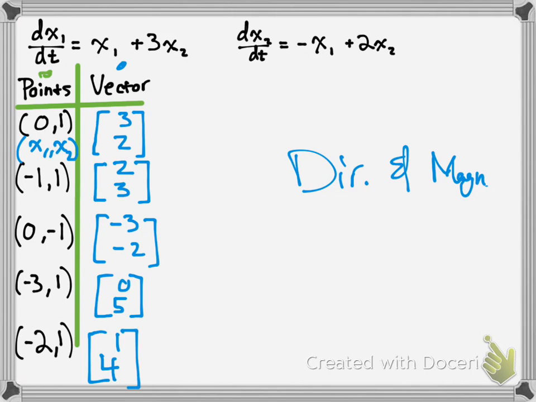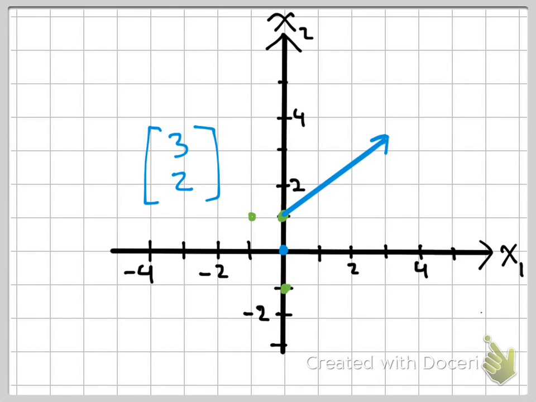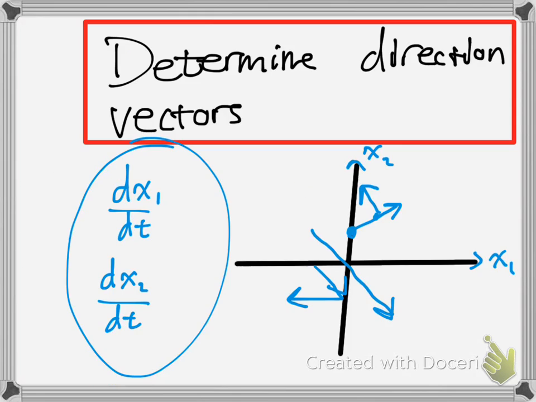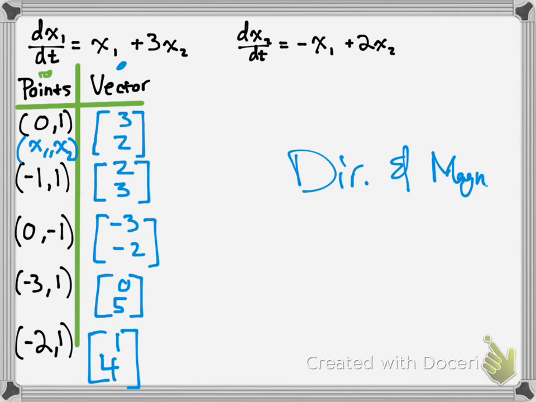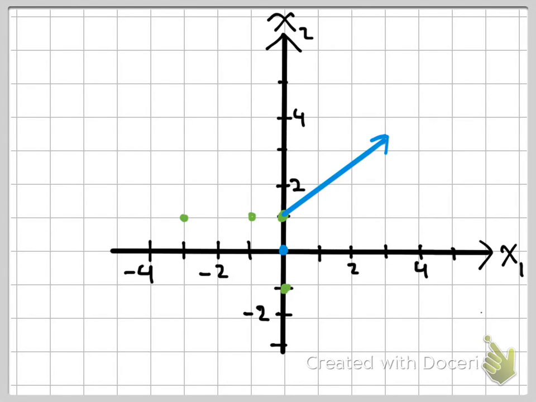And then we have -3, 1, and 1, 2, 3, -1. Oh, +1, sorry. And then finally, we have -2, +1.